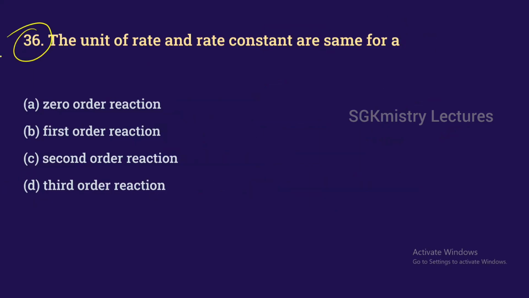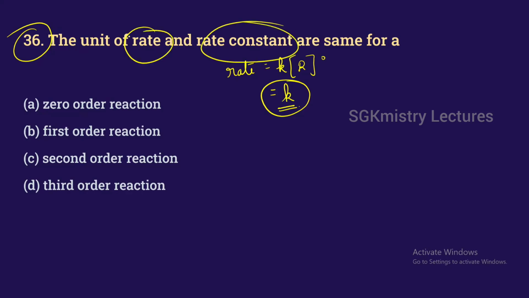Next, question number 36. The unit of rate and rate constant are the same for which order? Please remember, very simple. Here, rate is given as k into R to the power of 0. So the unit of k for this reaction is equal to that of the rate. Rate constant as well as rate, which one has the same unit, they are asking. So here we know that rate is equal to k.